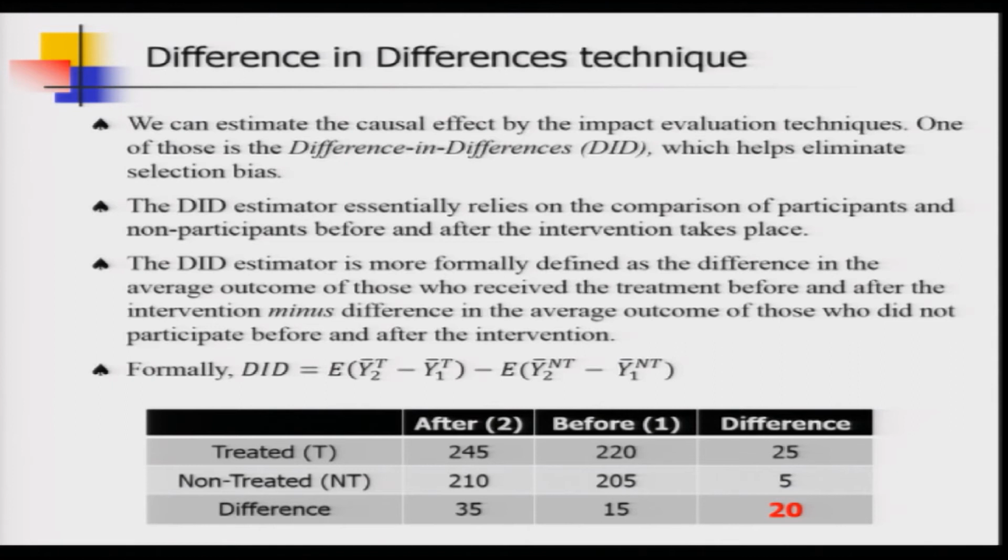So, again if you take the difference across the two time periods, you land up with the same number, 20. So, here the 20 is the value for DID, and that is basically a proxy for the average treatment effect.